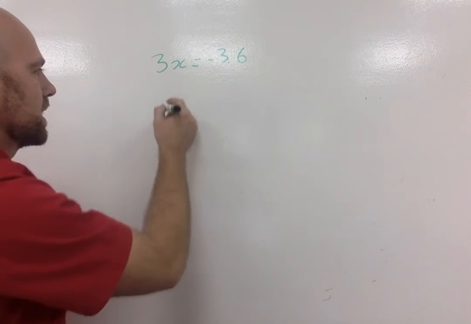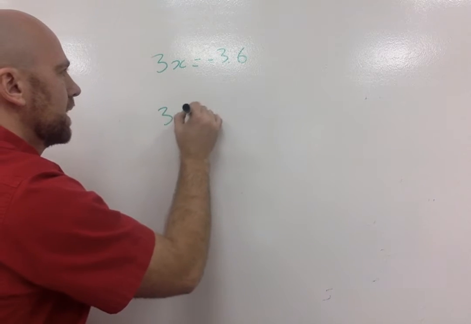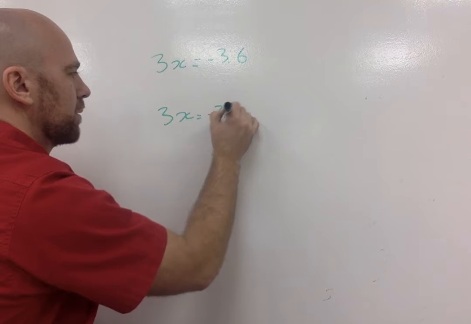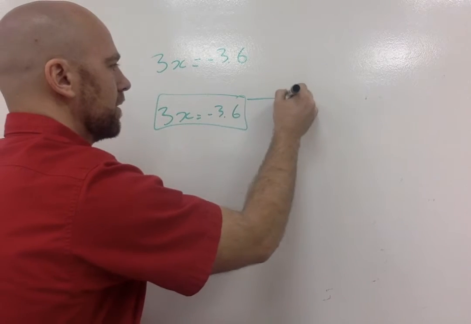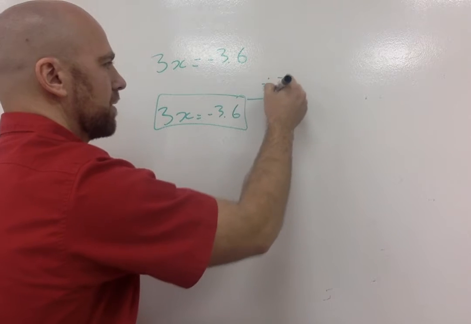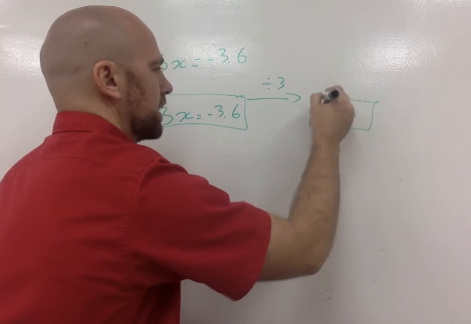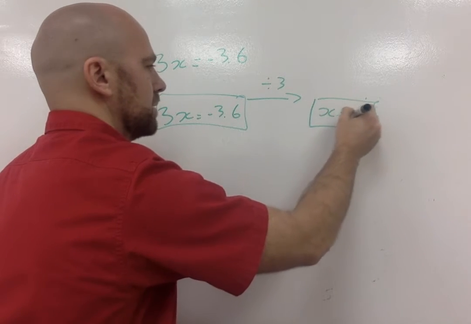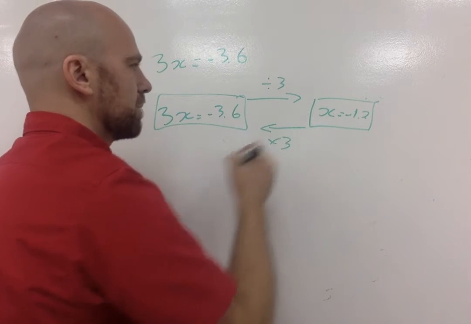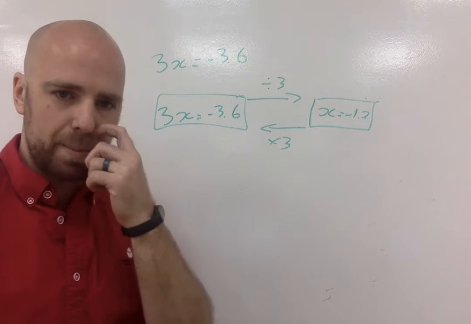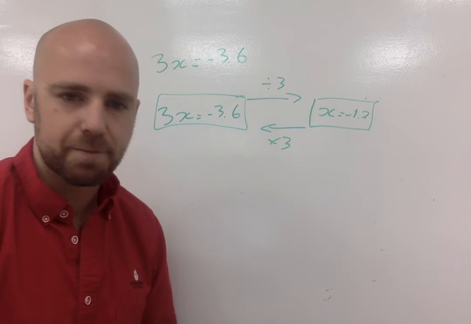We can say 3x equals negative 3.6. If we go this way, we would divide by 3, and then we can say x equals negative 1.2. If we go this way, we would times by 3. So we're doing that opposite operation once again.